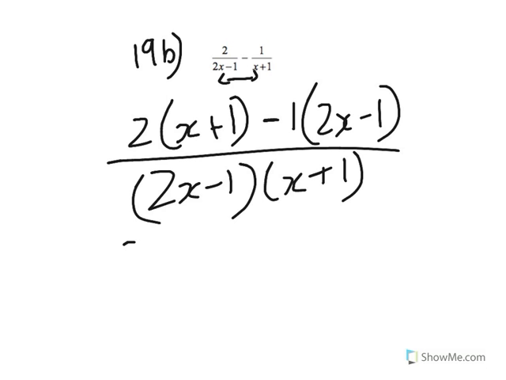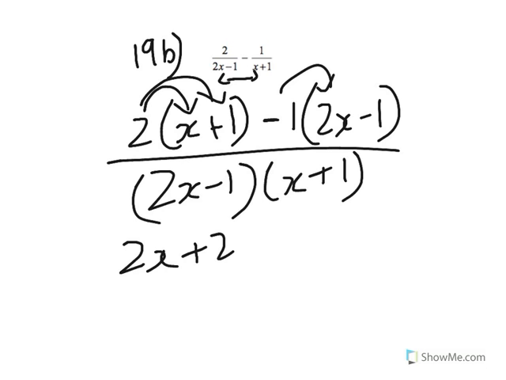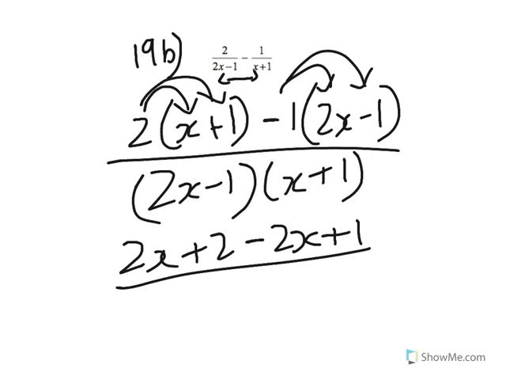Now let's simplify the top. We're going to get 2x plus 2, remember, expanding brackets. And expanding brackets again, we're going to get minus 2x, then plus 1, and that's all over 2x minus 1 and x plus 1.